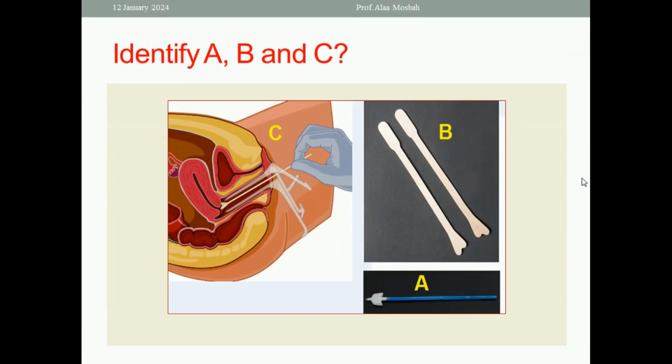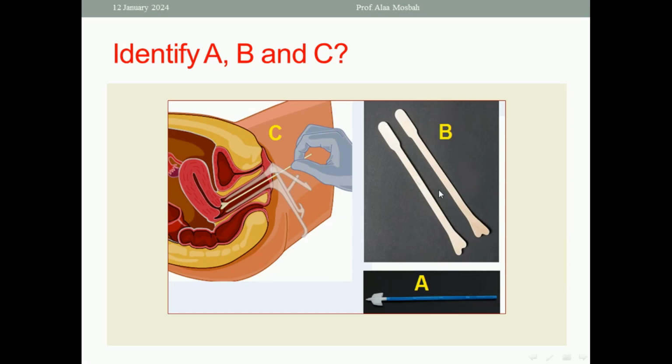Okay, the first station here. Look at this picture and identify A, B, and C. As you see in this picture, A is the cytobrush. The cytobrush is used for taking a cervical smear as a screening program for cervical carcinoma.